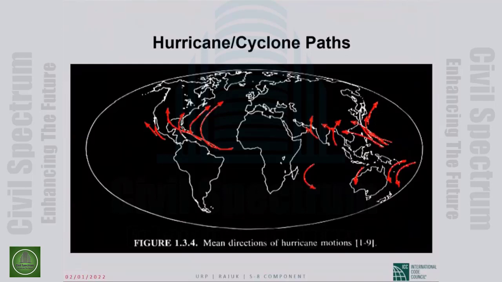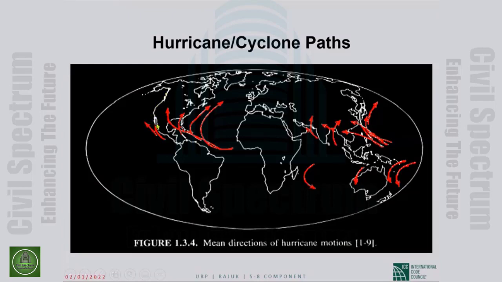Hurricanes or cyclones, on the other hand, like earthquakes, happen in some parts of the world, do not happen in other parts of the world, and that is what is shown on this map. In the United States, plenty of hurricanes on the east or Atlantic coast, but there are no hurricanes on the west coast, the Pacific coast.